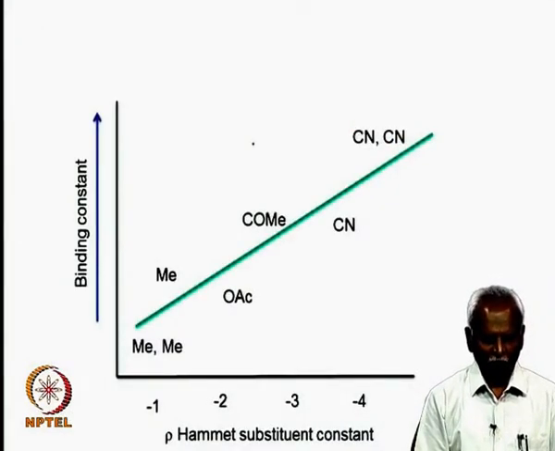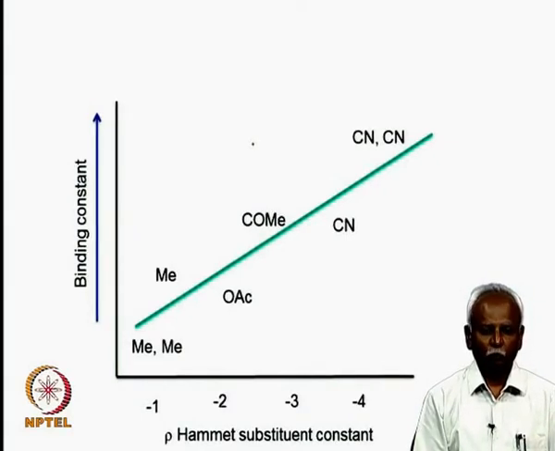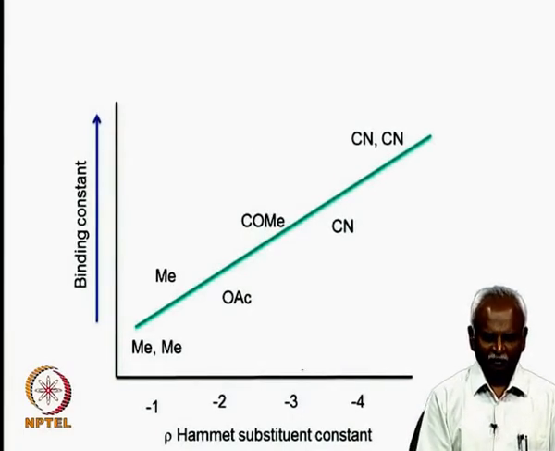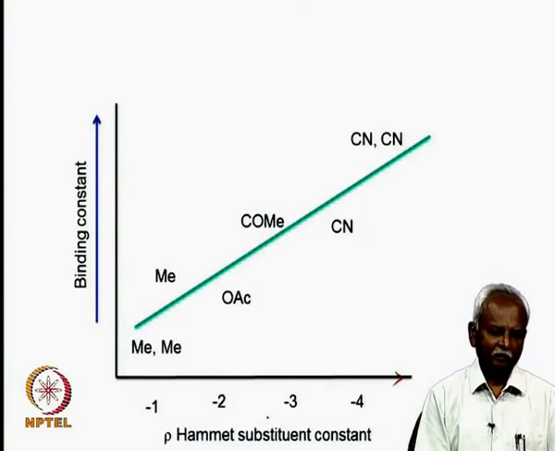So, here again, the electron accepting property is quantified using the Hammett parameter, which you encounter in organic chemistry. The Hammett parameter is plotted on the x axis, and you will notice that as the Hammett constant becomes larger and larger, the electron accepting property increases, and the binding constant is increasing.